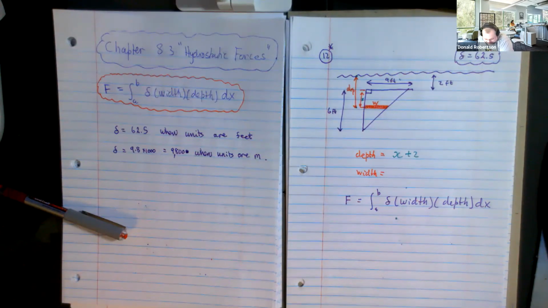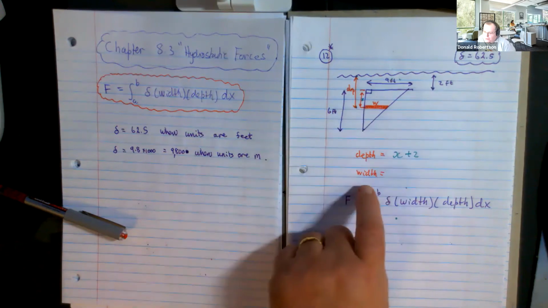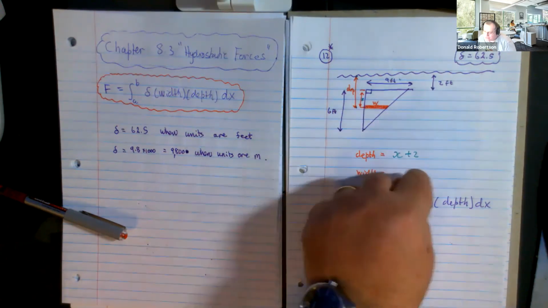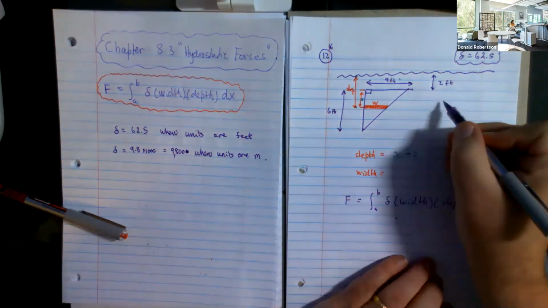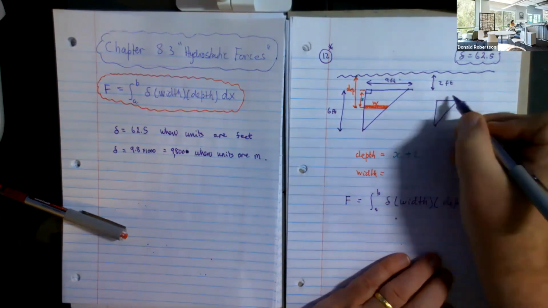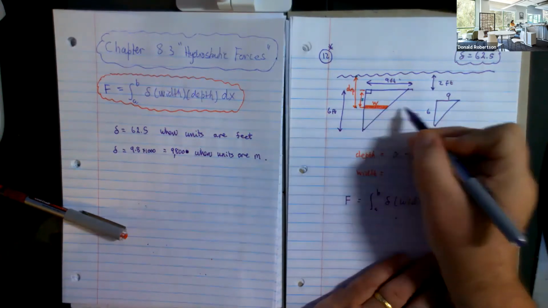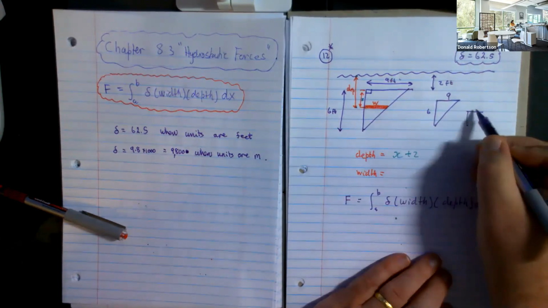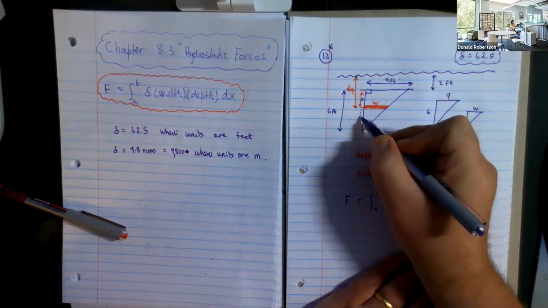Now, the hard guy is the width. I need to know what the width is in terms of x, right? So what I'm going to do is similar triangles. In the similar triangle world, the big triangle is 9 by 6, and the baby triangle is W. Oh, wait a minute.